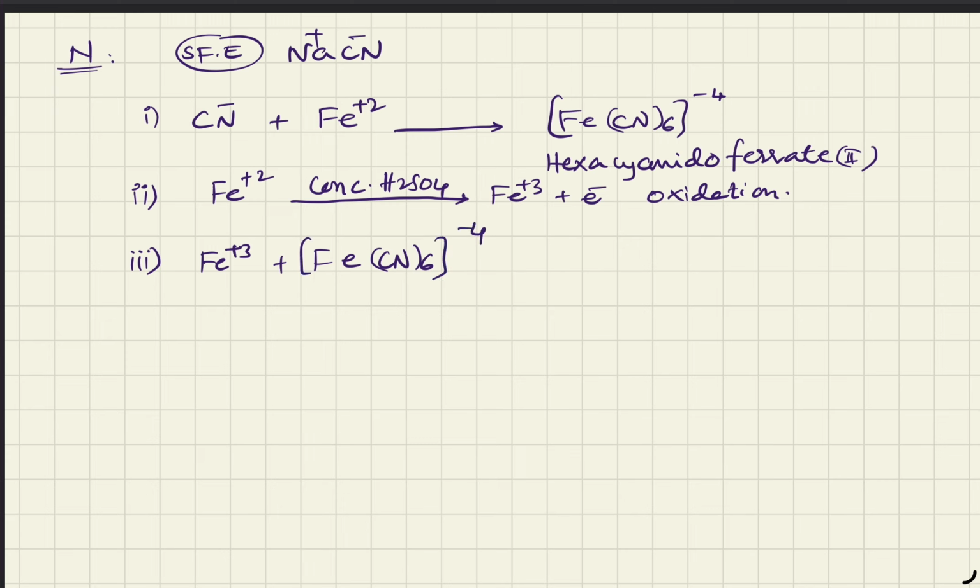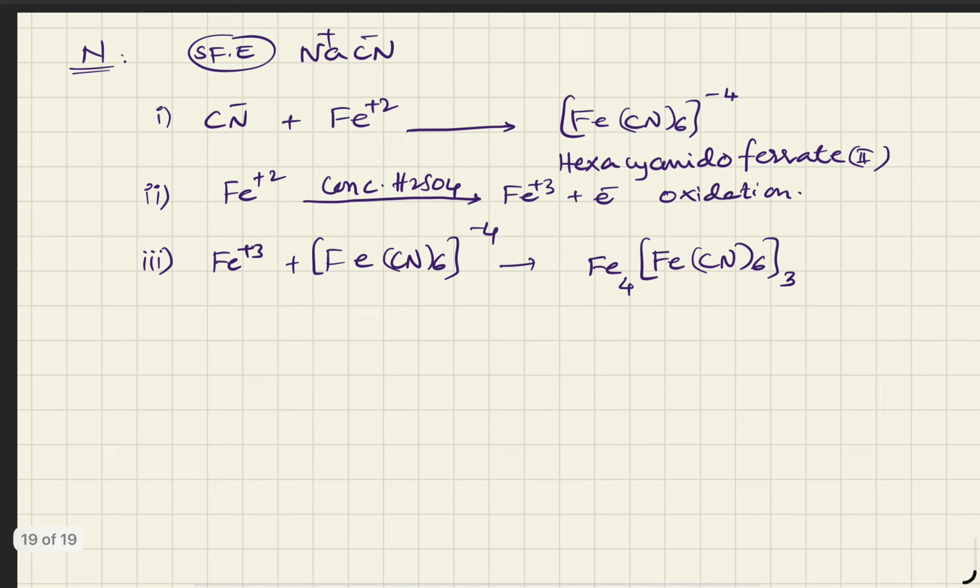These are cross multiplied, so the product formed is Fe4[Fe(CN)6]3, with cross multiplication giving 3 and 4. The common name of this one is ferrocyanide.